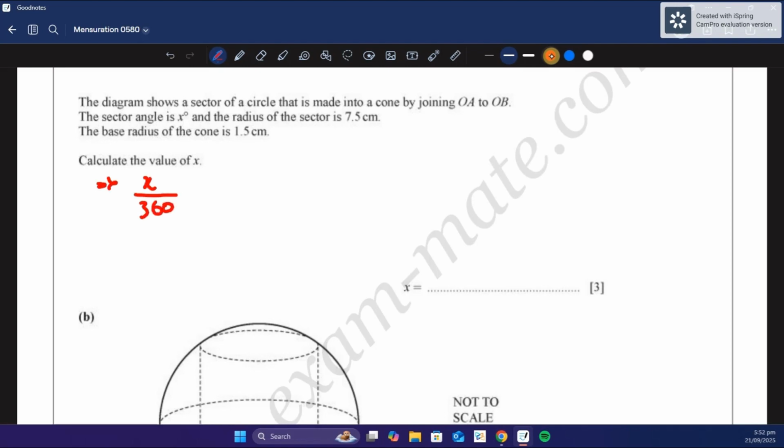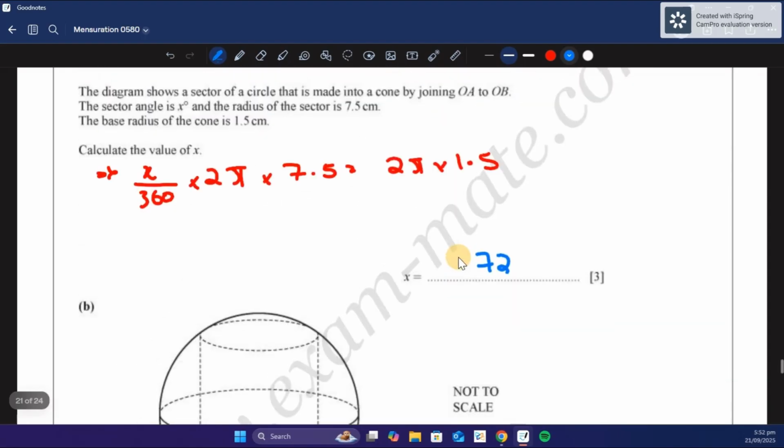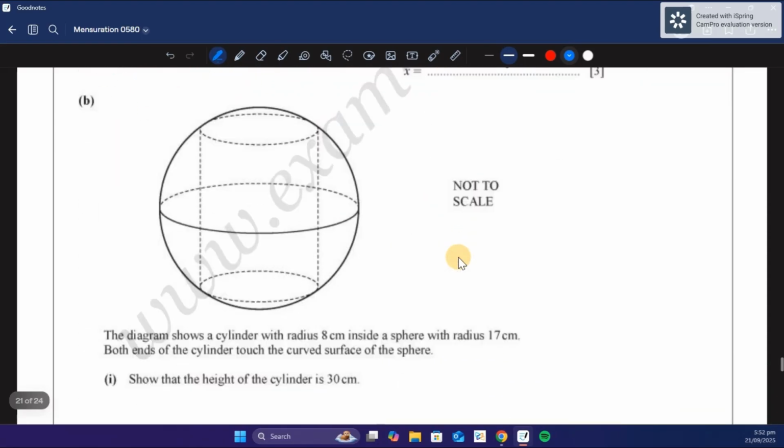We're going to say x over 360 into 2 pi into 7.5 equals 2 pi into 1.5, and that should give us 72. Okay, part B.